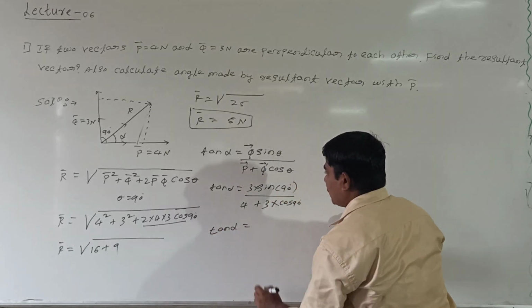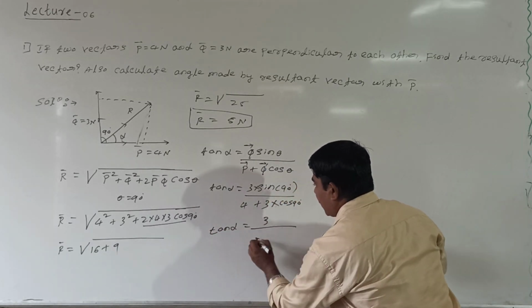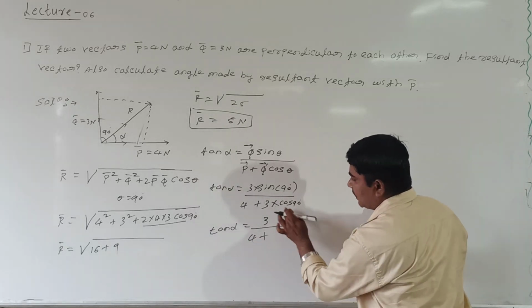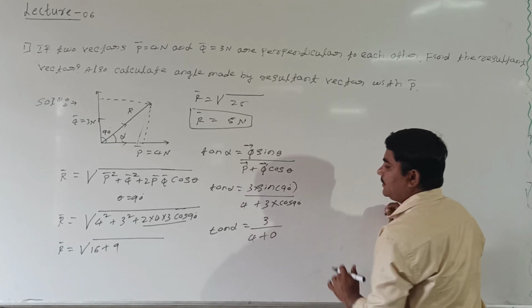Sin 90 is 1, and cos 90 is 0, so 0 into 3 is 0.